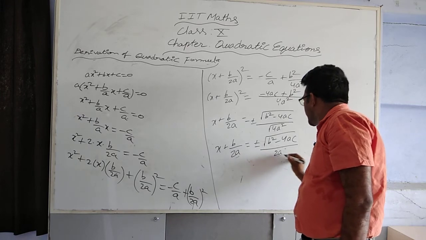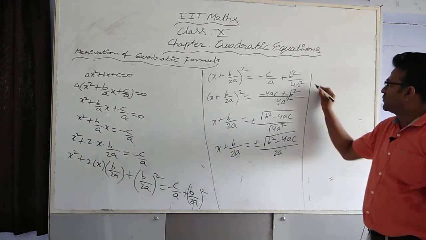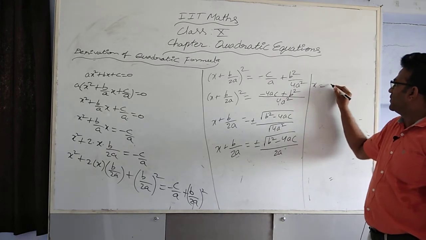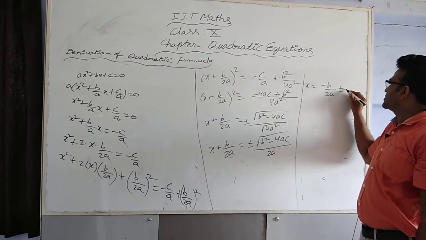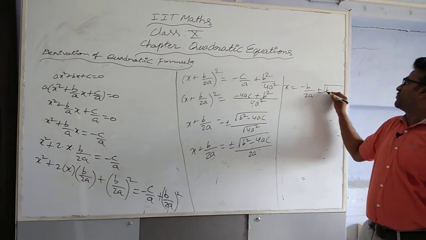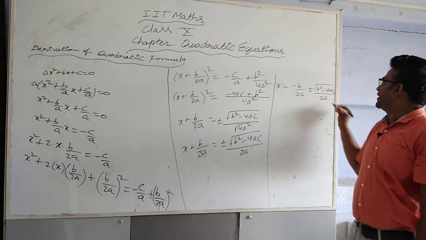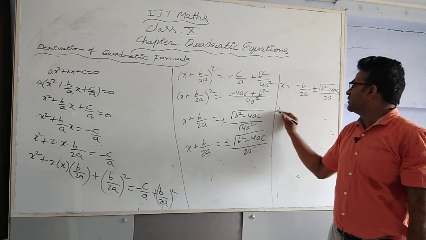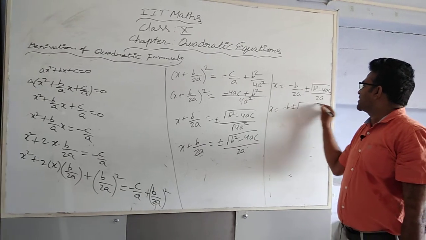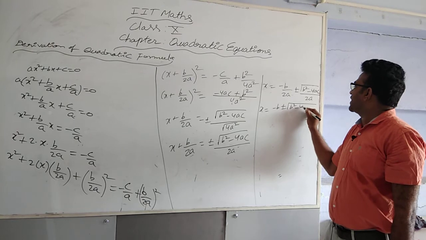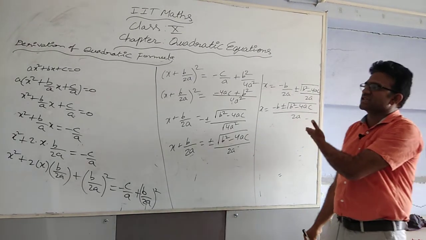Now I want to transpose this to that side. What am I going to get? x equals minus b by 2a plus or minus root of b square minus 4ac by 2a. What is the LCM here? 2a. x is equal to minus b plus or minus root of b square minus 4ac by 2a. So this is the derivation of the quadratic formula.